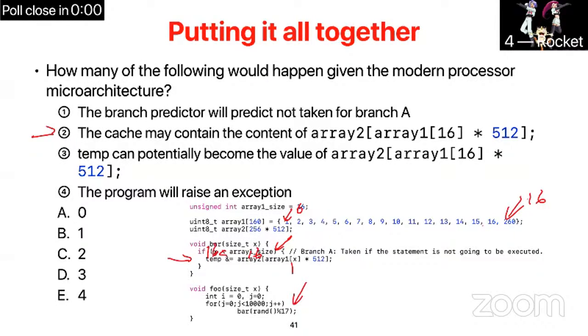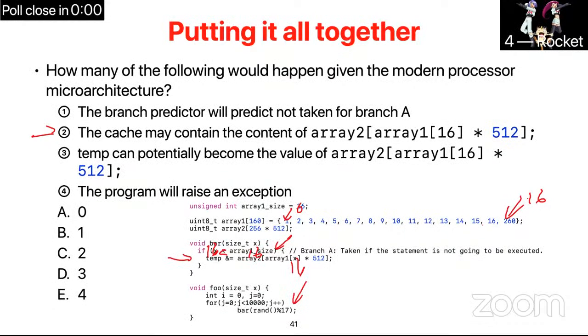So how come you can get that value in? I suppose we can't. You can't. Okay. Then what's the other answer? The program will raise an exception because it goes out of bounds. Okay.